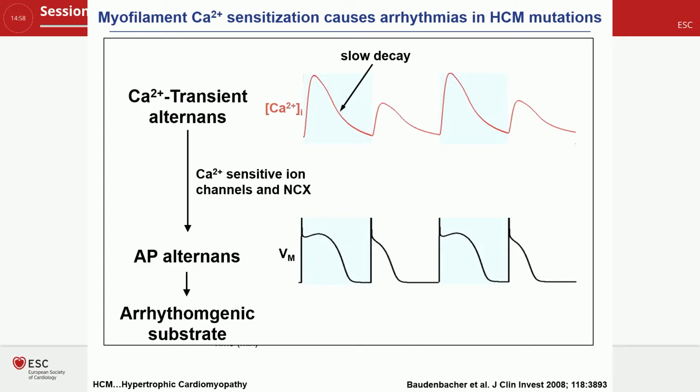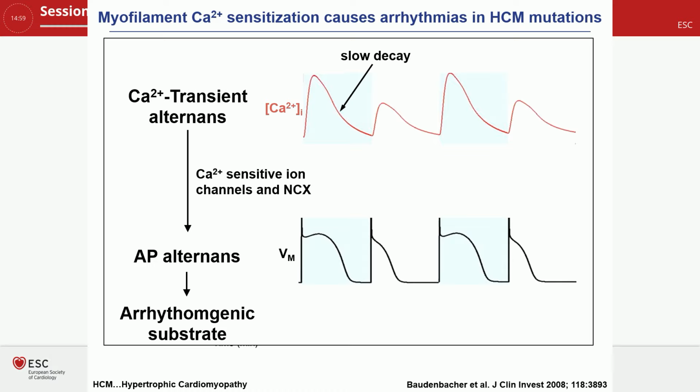The mechanism they proposed, which is also proposed by other groups, is that because of the higher buffering, SERCA cannot pump back the calcium from the cytosol into the SR, so it cannot completely refill the SR, and the next calcium transient is smaller.